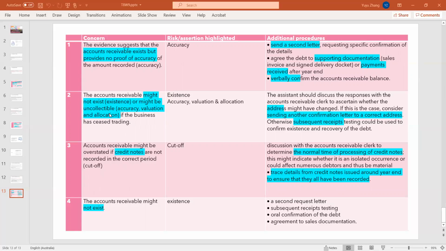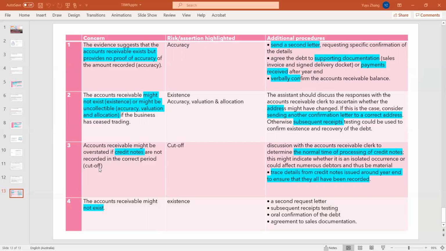Are there any changes in the client details? Do they maintain up-to-date information about all the customers? If you know the reason, probably you send another set of confirmation letters. Otherwise, you could also do what you did for question 1 to get alternative evidence from supporting documentation regarding the payments received after the year end, right?